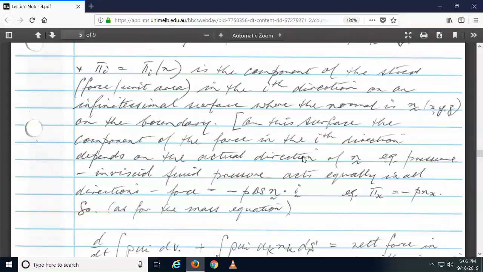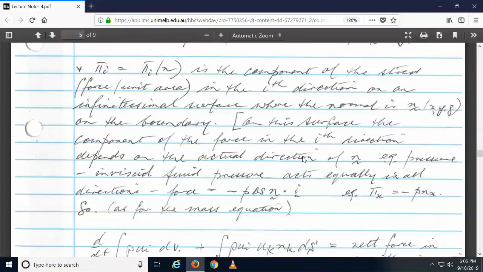So that's why I've put in brackets there n, the vector n. It is the component of the stress in the ith direction on an infinitesimal surface where the normal is n, which is a function of x, y, and z on the boundary. On this surface, the component of the force in the ith direction depends on the actual direction of n.